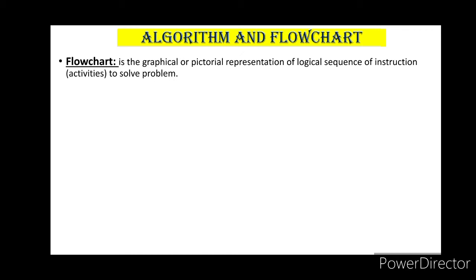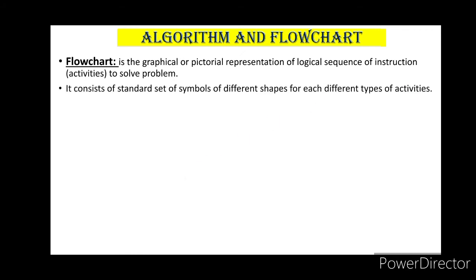This logic sequence of instructions is also known as an algorithm. So a flowchart is a pictorial representation of an algorithm. It consists of standard or well defined shapes, different shapes for representing each different activity.